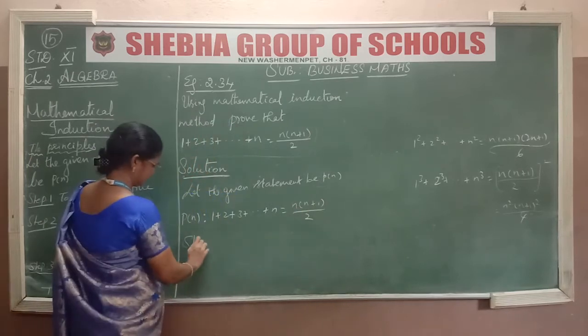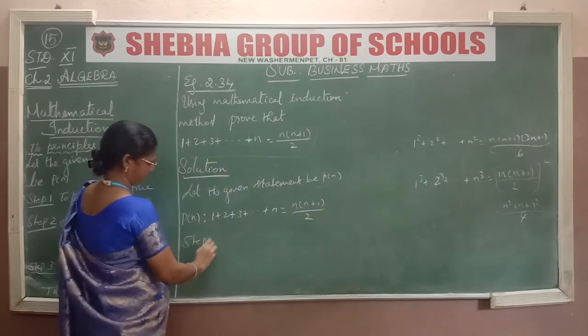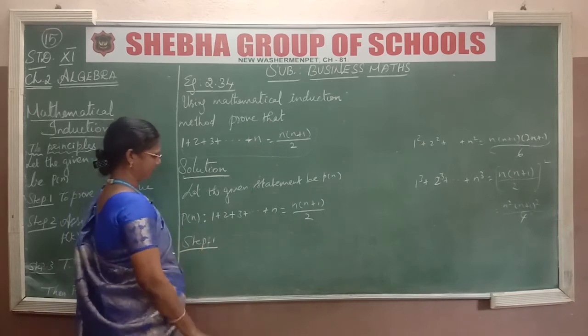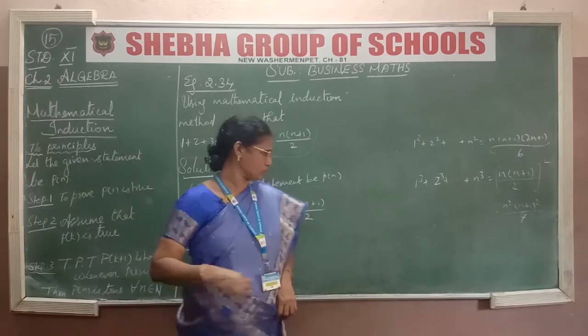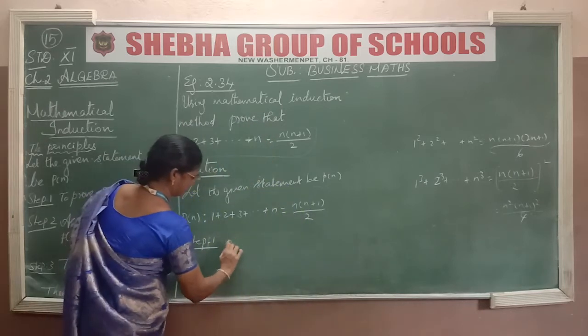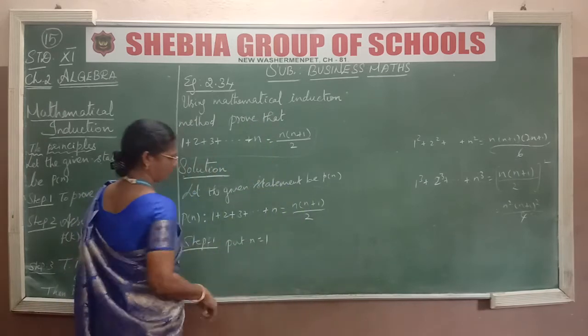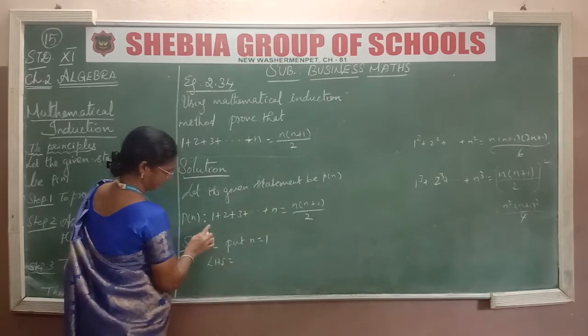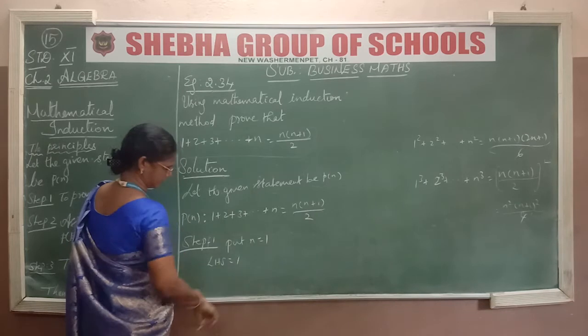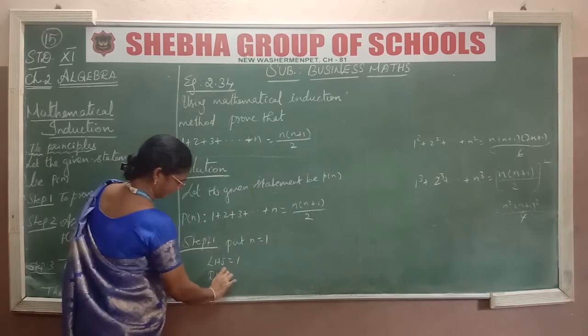Next, first step. What is first step? We have to prove n is equal to 1. That is, P of 1 is true. First put n is equal to 1 in this P of n. So what is our left hand side? Our left hand side is only one term, that is 1. And what is RHS?